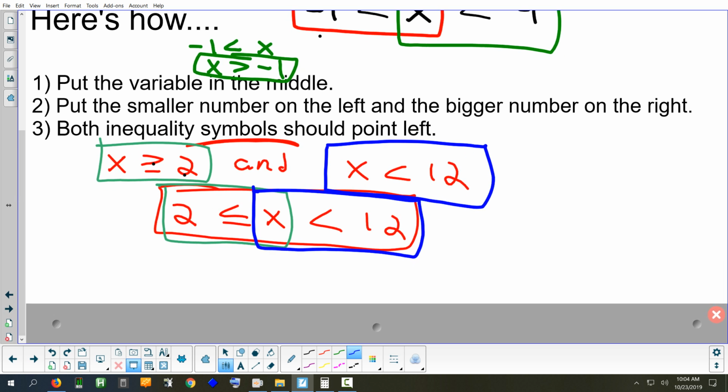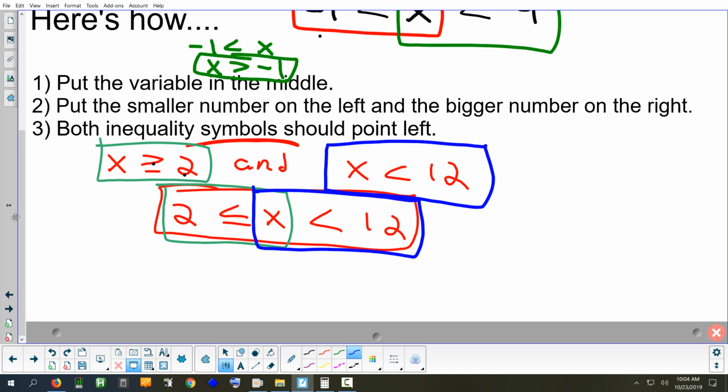Now, I don't want to confuse people, okay, but I'm going to show you something because I don't know if your math lab teacher is going to show you this. This is technically exactly the same thing. You don't have to write that down because I don't want to confuse you. It's like the reverse of what I did. Instead of putting the smaller number on the left and the bigger number on the right, I flipped it.